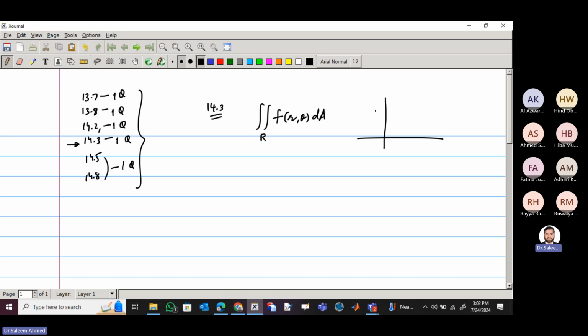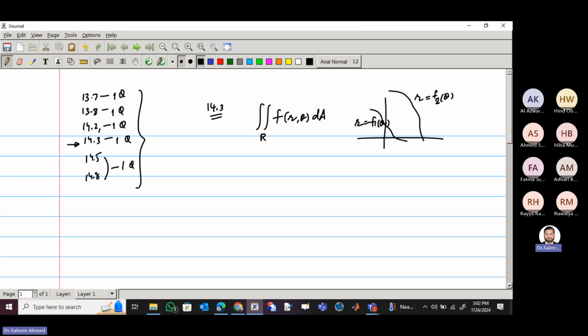So when a polar region is given, it will have curves like r is equal to f theta. R is equal to f1 theta or f2 theta. And this inside curve is r is equal to f1 theta. So in polar coordinates, your curves are not y is equal to f of x. They are r is equal to f theta.